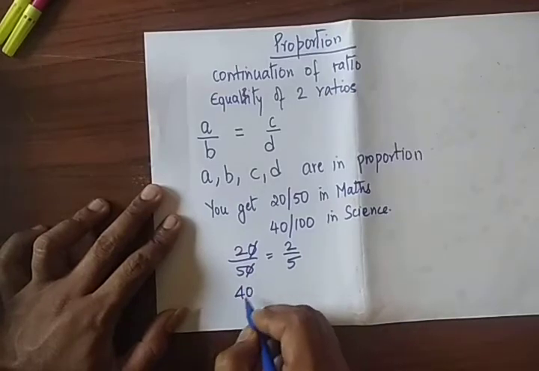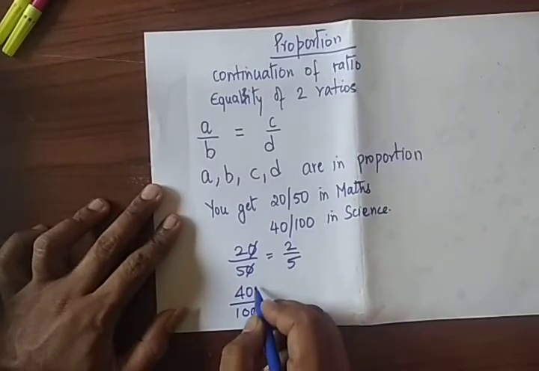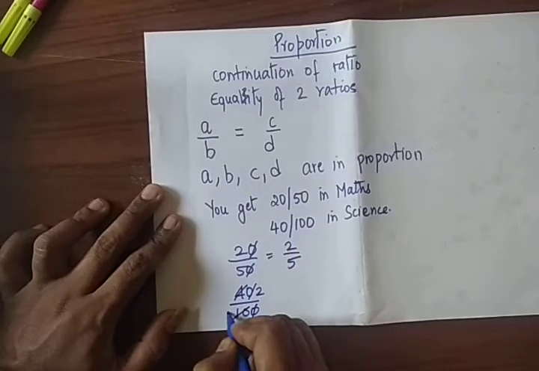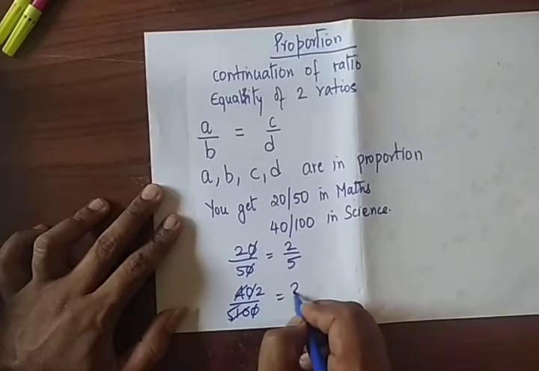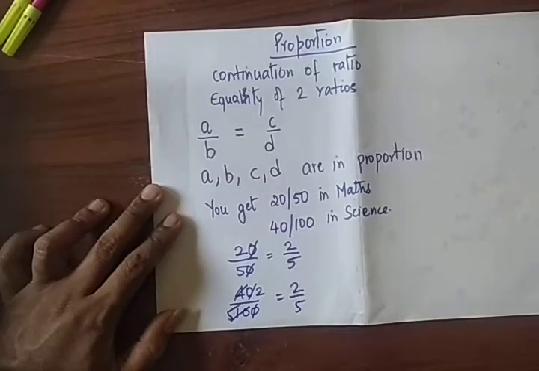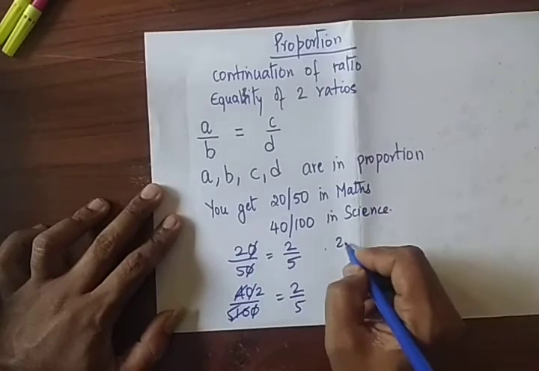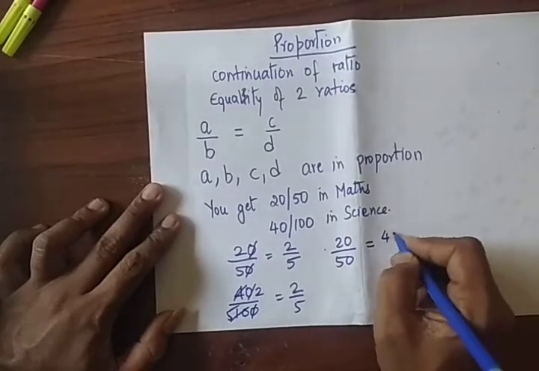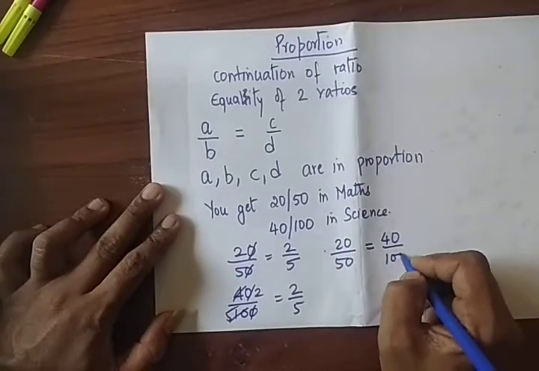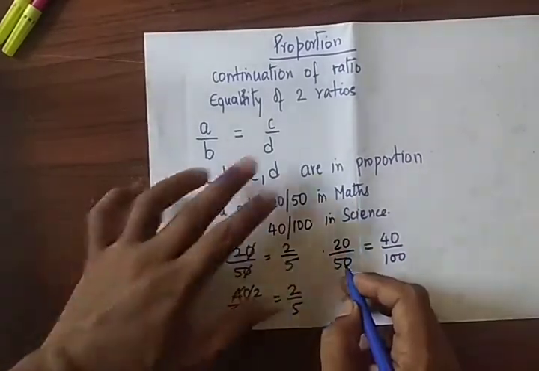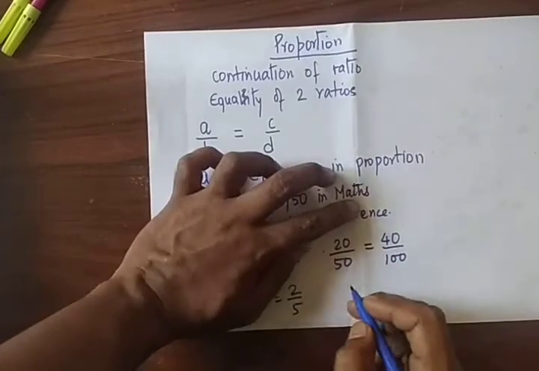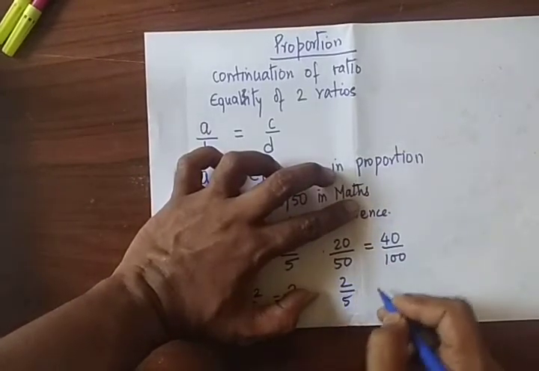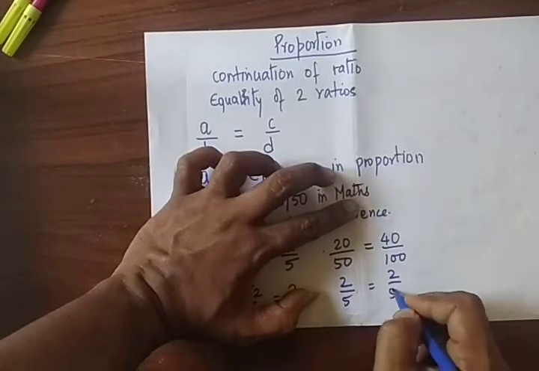And 40 out of 100, cancel the 0s, 2 twos are 2, upon 5 twos are 5 — so this also comes to 2 upon 5. That means 20 out of 50 is equal to 40 out of 100, because when you bring both to the simplest term, you get 2 upon 5.